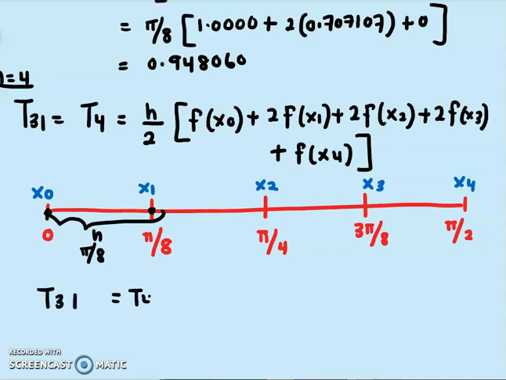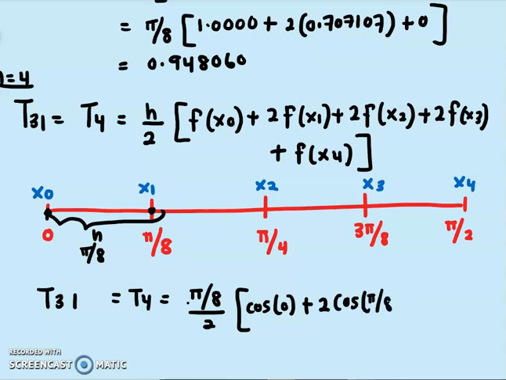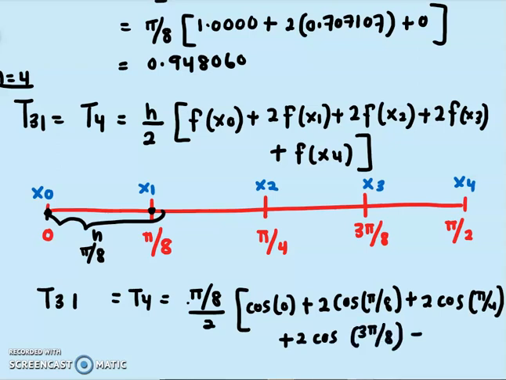So T31, which is T4, equals pi over 8 divided by 2. I have f of x0, cos 0, plus 2 times cos x1, which is pi over 8, plus 2 times cos pi over 4, plus 2 times cos 3 pi over 8, and plus cos pi over 2.